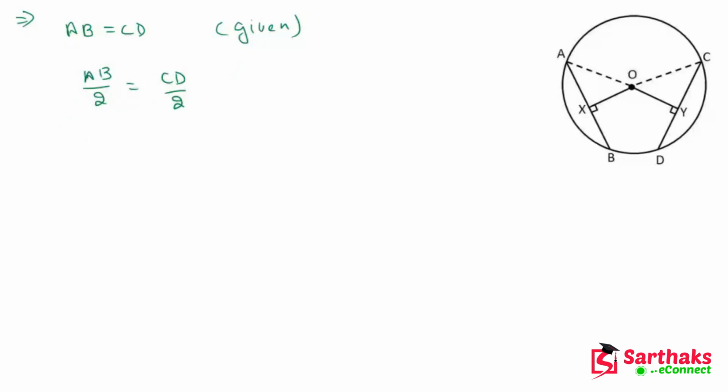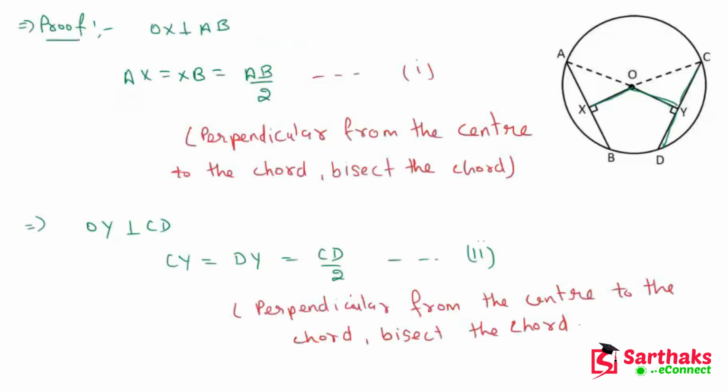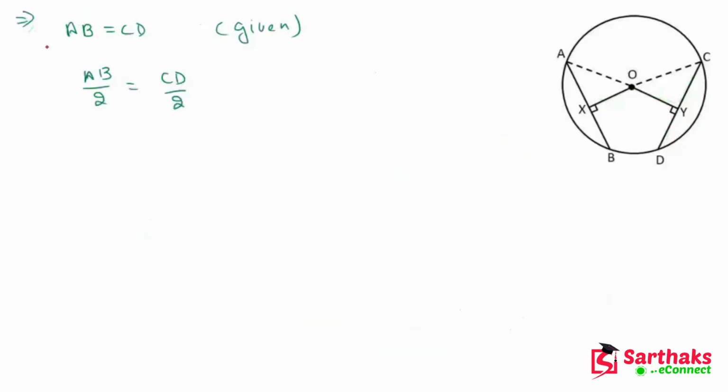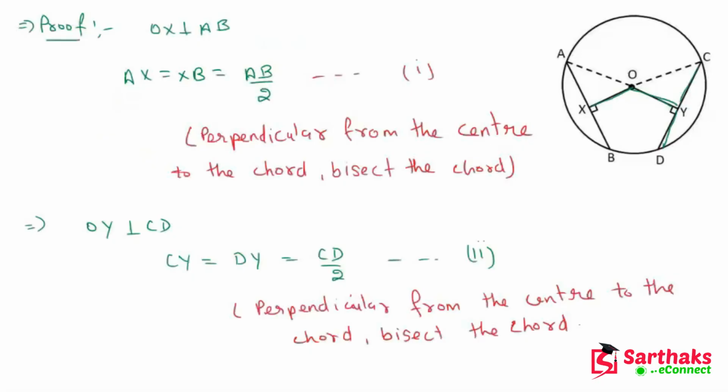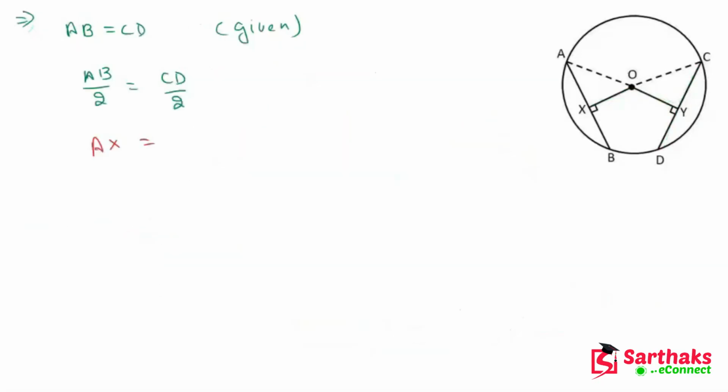From equation 1, we can write AB upon 2 as AX, which is equal to XB. Again, from equation 2, CD upon 2 is CY.